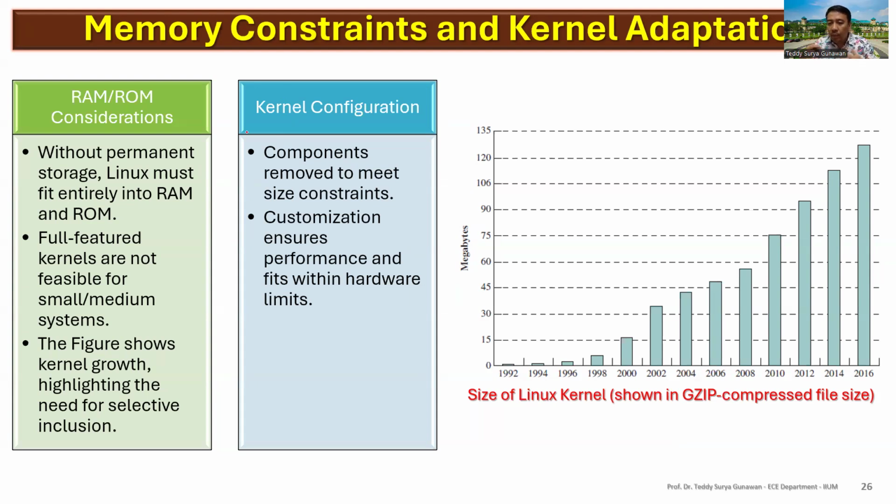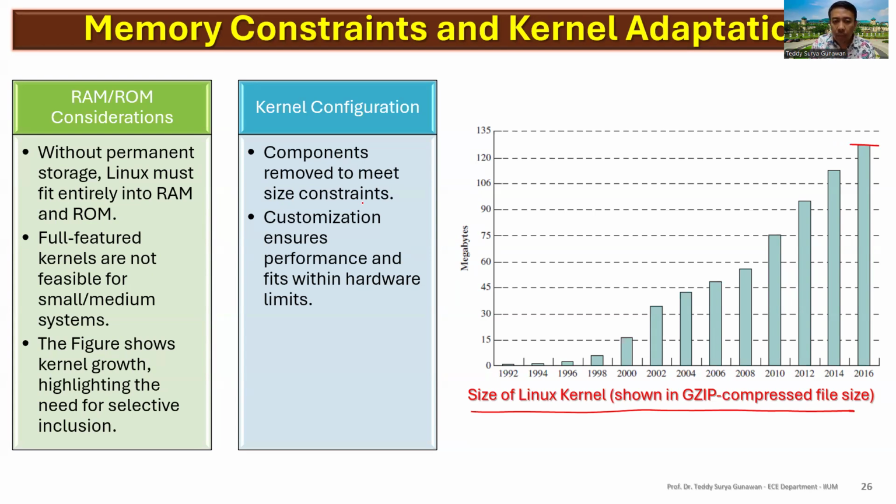On the memory constraint and kernel adaptation, you can see here we have limited memory. This is the size of the Linux kernel, the general Linux kernel in megabytes up to 2016. The Linux kernel itself is now around 120 or 130 megabytes.